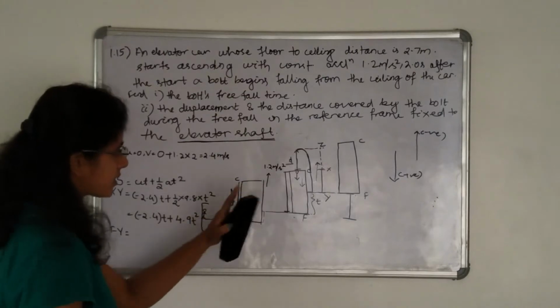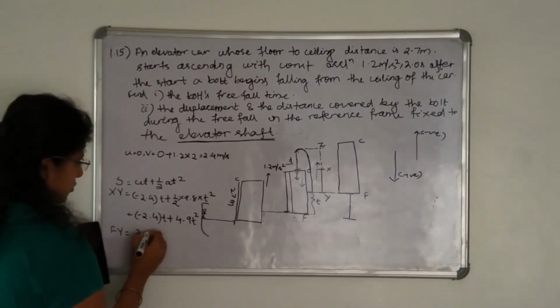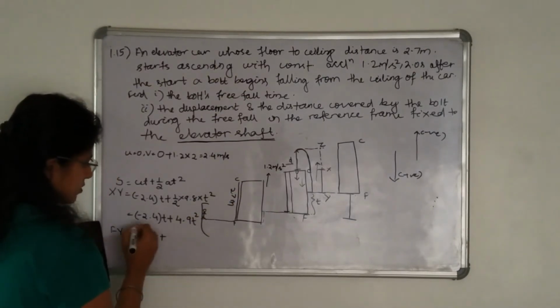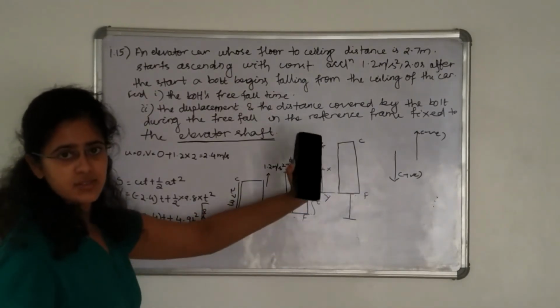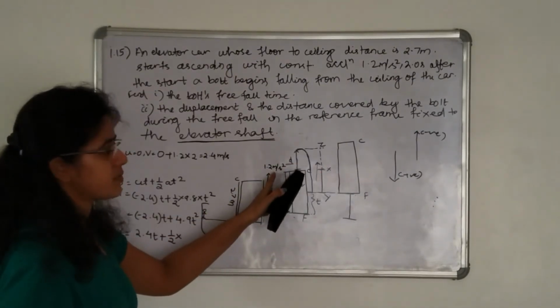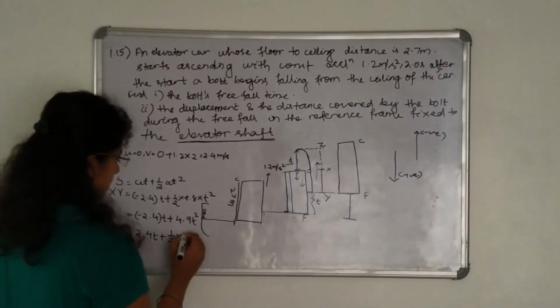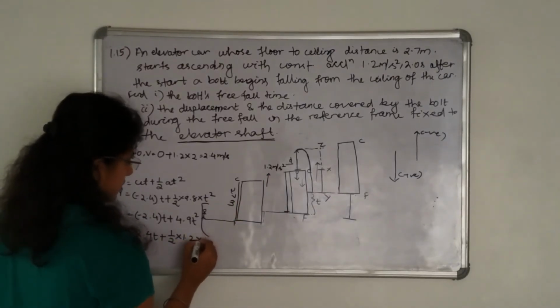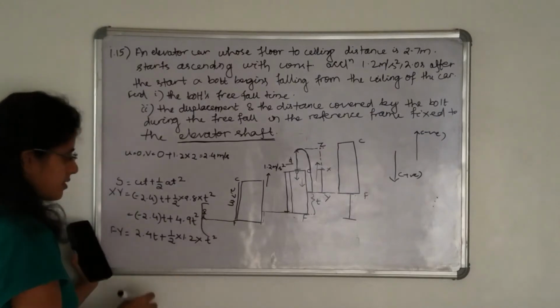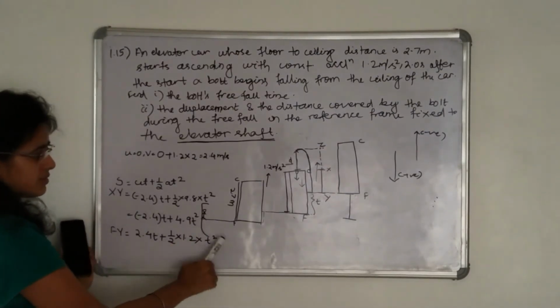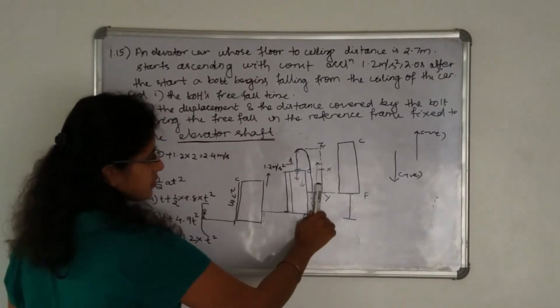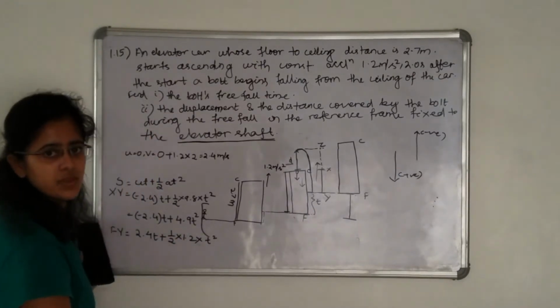So for the elevator, 2.4t, that is ut, plus half into a, which is in this direction, that is 1.2 meter per second square, into t square. So this is how much the elevator covers in t time.